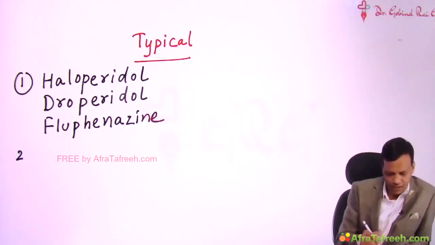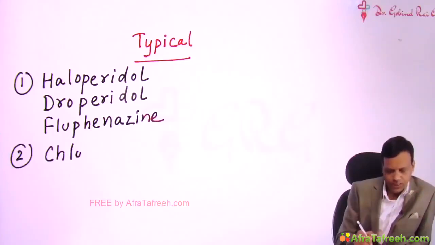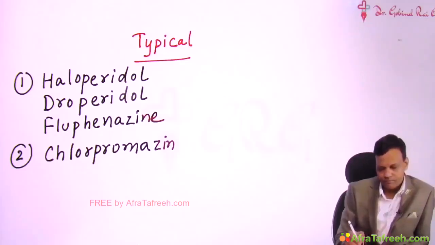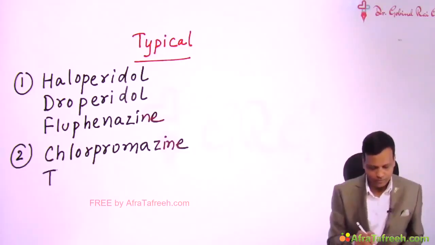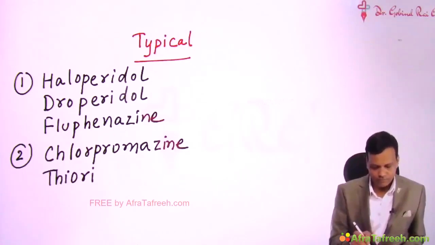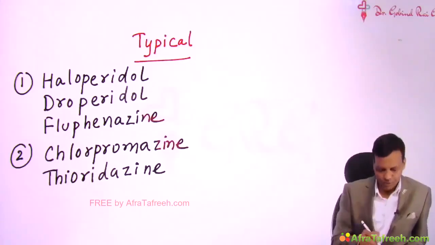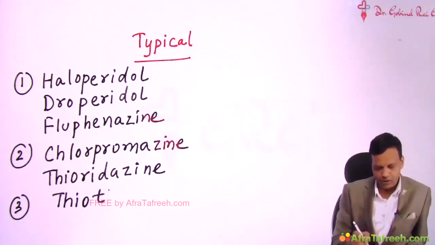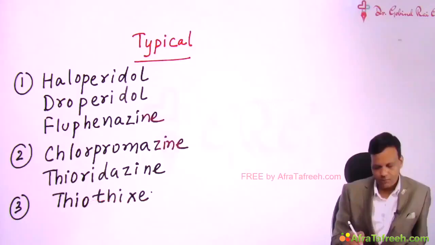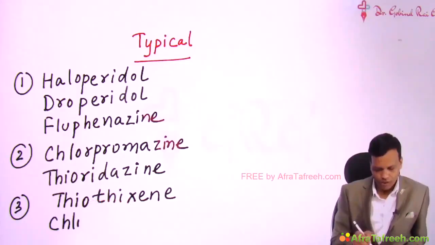The second type is the chlorpromazine group, drugs like chlorpromazine and thioridazine. And the third group is the thiothixene group, drugs like thiothixene and chlorprothixene.